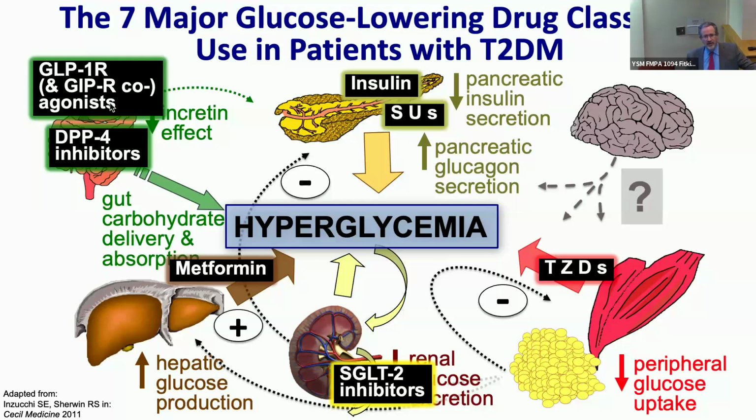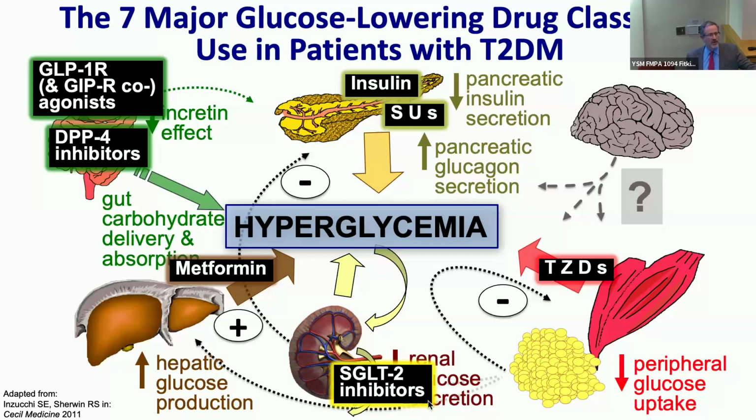There are 2 drugs that address the incretin abnormalities in this disease, the GLP-1 agonists, and more recently, a GLP-1 GIP coagonist, and the DPP-4 inhibitors. The DPP-4 inhibitors basically inhibit the enzyme that breaks down one's own incretin hormones and therefore allows for higher incretin levels endogenously.